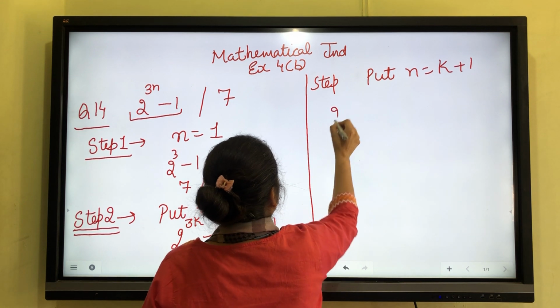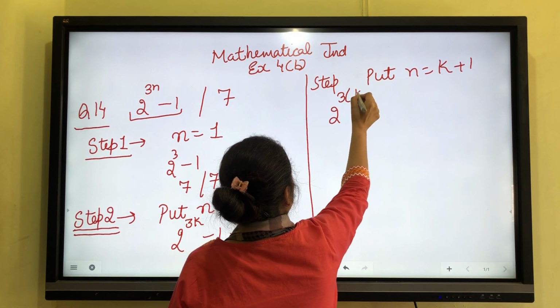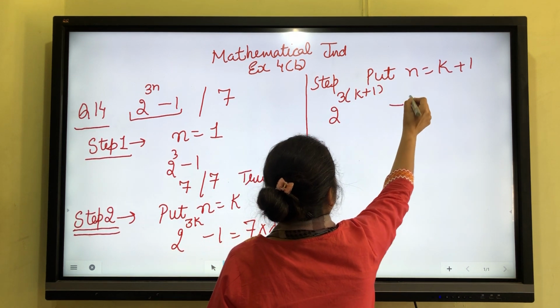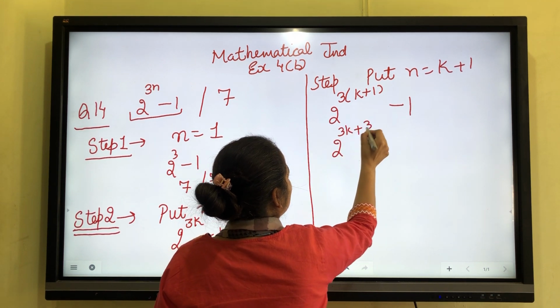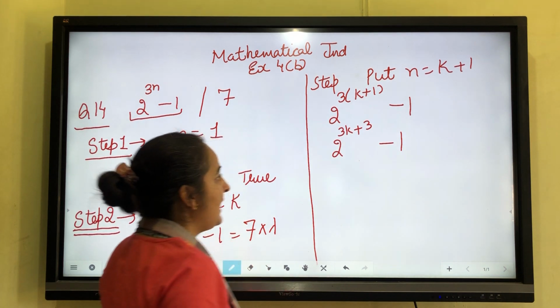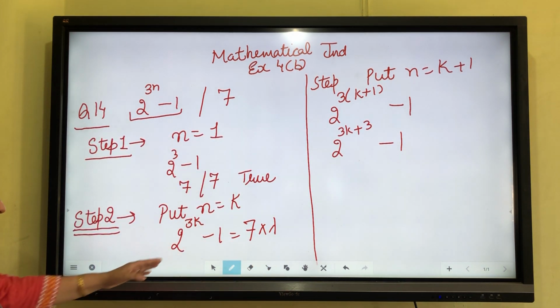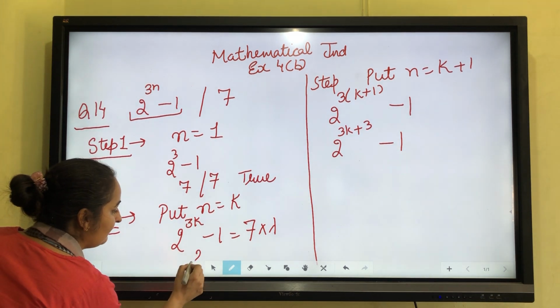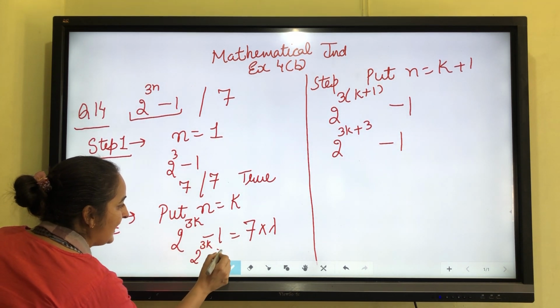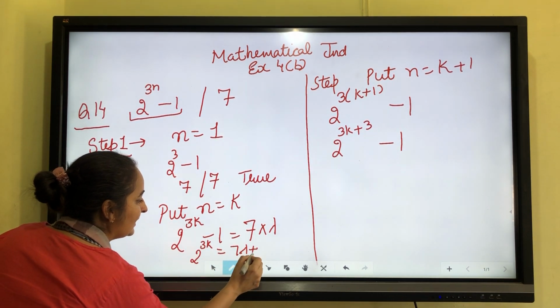That is 2 raised to the power 3(k+1) minus 1, that is 2 raised to the power 3k plus 3 minus 1. And substitute the value from here. Here I am calculating the value: 2 to the power 3k minus 1 is equal to 7 lambda, so 2 to the power 3k is 7 lambda plus 1.